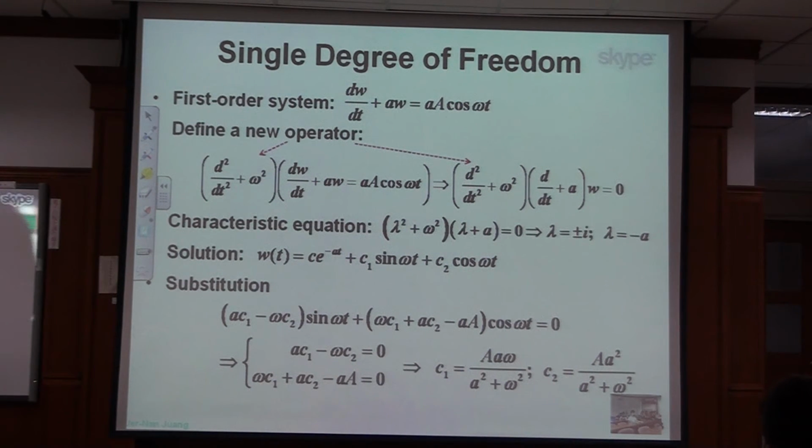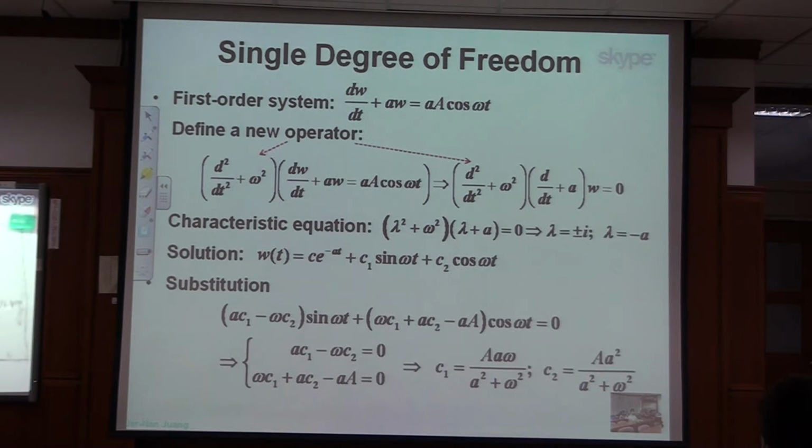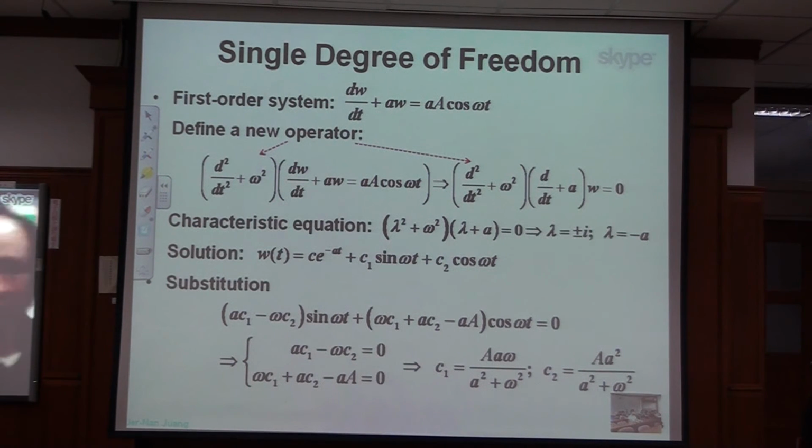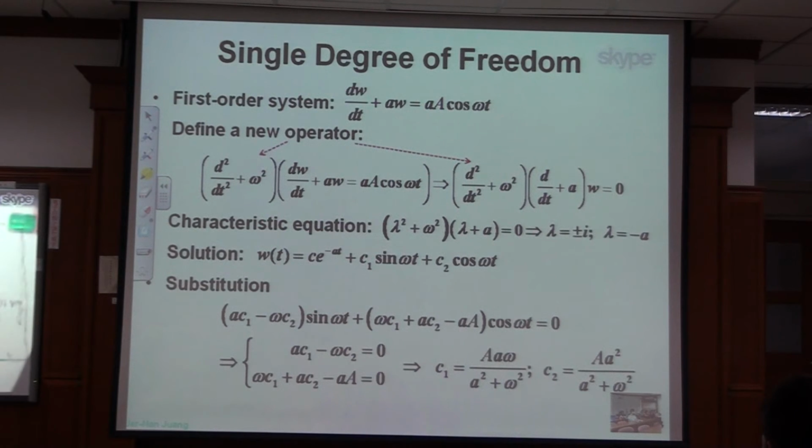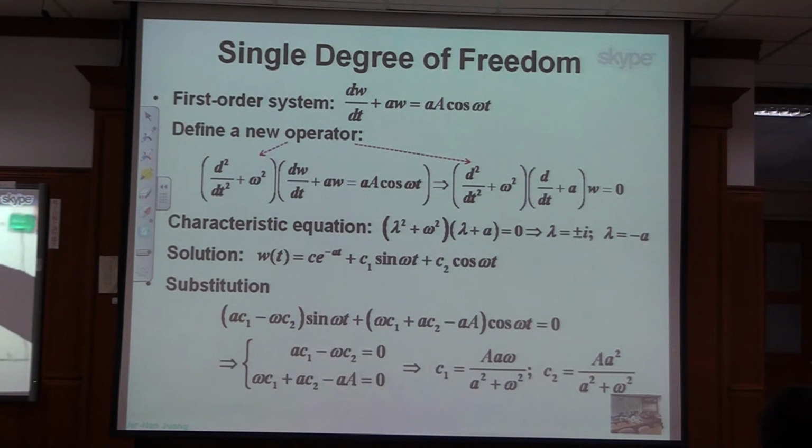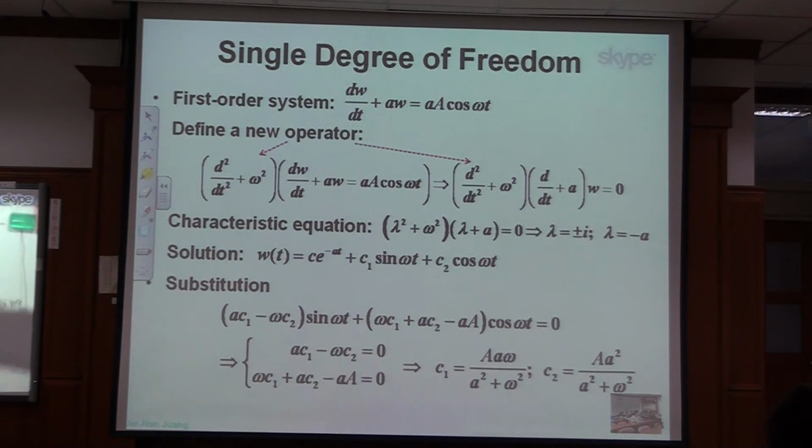As a matter of fact, C1 and C2 are your particular solution, and C e to the minus at is your homogeneous solution. So if I do this, my solution will come out. This is a quick way to solve a differential equation without going through the homogeneous part and particular part. That's one way to do it.